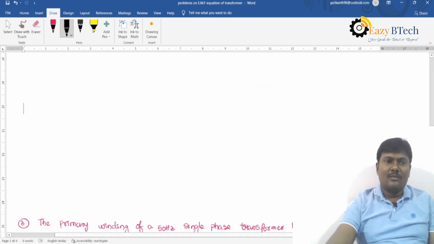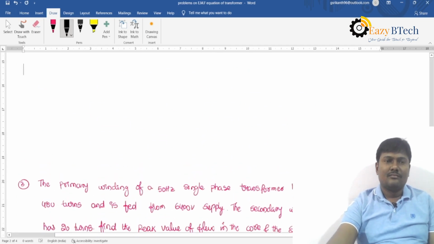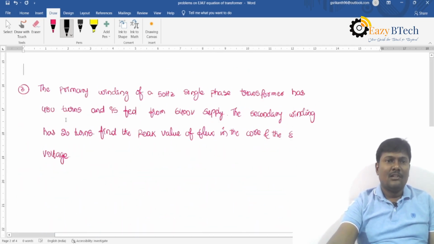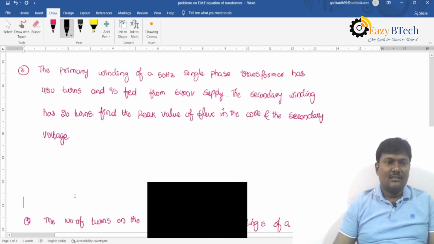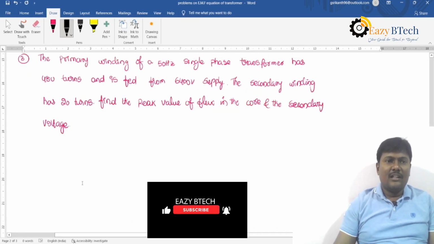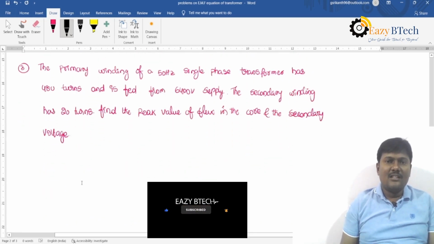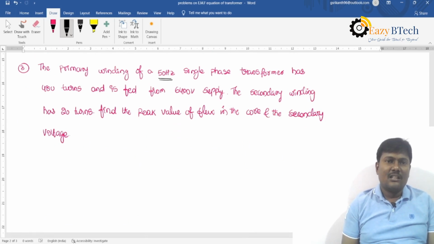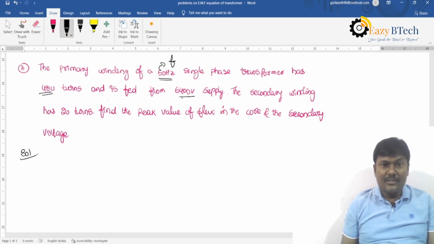Coming to the next problem: the primary winding of a 50 Hz single phase transformer has 480 turns and is fed from a 6400 volt supply.